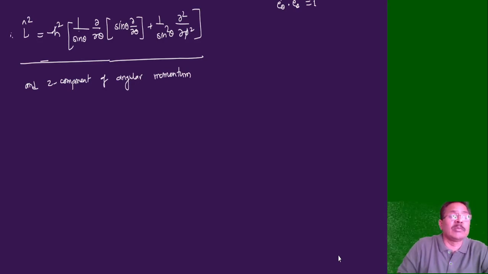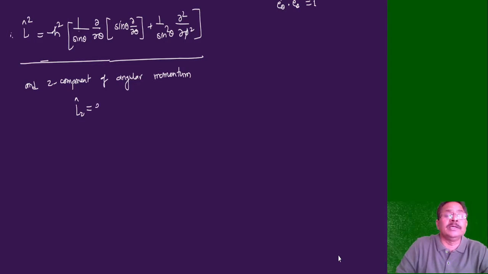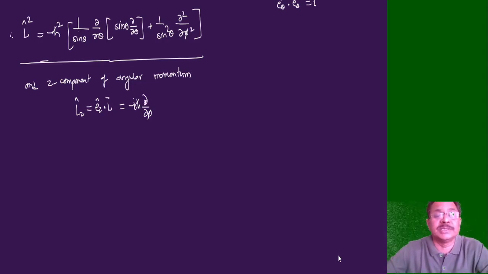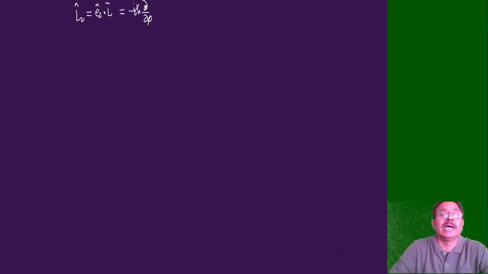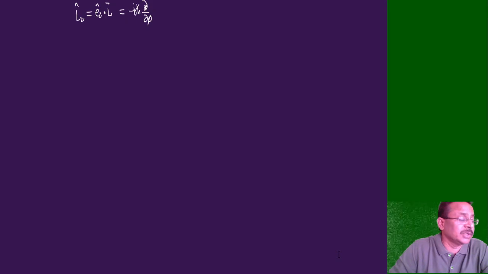The z component of angular momentum is given by Lz cap, which is simply e_z dot L bar, and if it is calculated, that gives you simply minus i h cross into delta upon delta phi. So this is the z component of the angular momentum operator. For that you have to take e_z dot L bar, and this dot multiplication also gives you minus i h cross into delta upon delta phi.